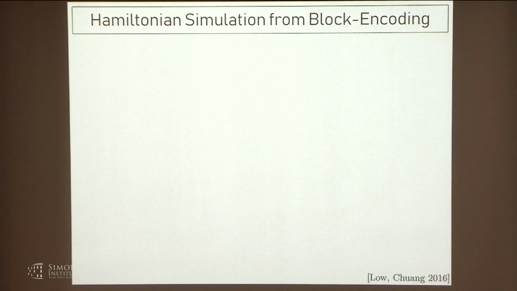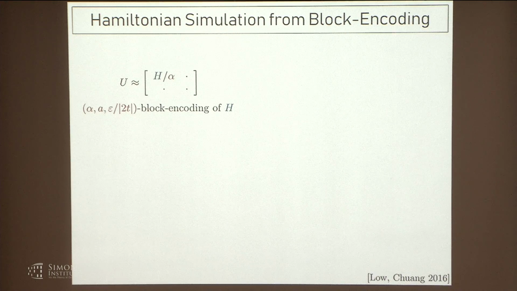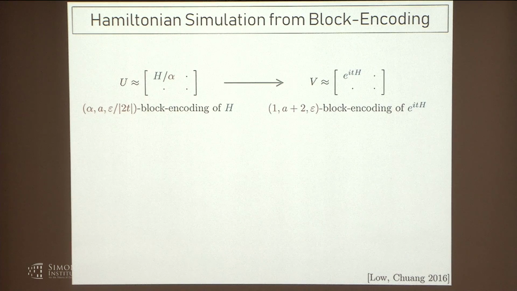So for example, Low and Chuang showed how to do Hamiltonian simulation in this model. Starting from a block encoding of a Hamiltonian H, you can produce a block encoding of e to the iHt for any t.